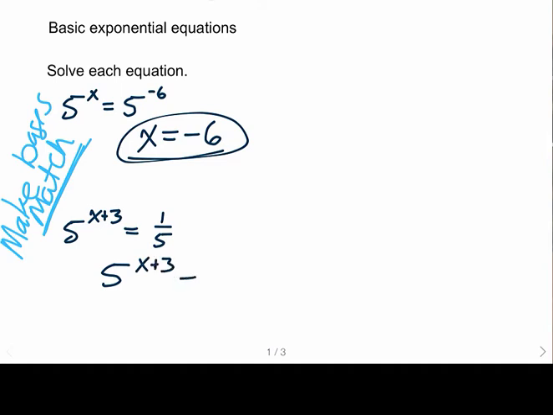The right-hand side, I'm going to write as 5 with an exponent. 1/5 is 5 to the negative 1. Therefore, I have the bases matching, and so it must be the case that the exponents match. In other words, if 5 to the x plus 3 is equal to 5 to the negative 1, then x plus 3 must equal negative 1, and so x must equal negative 4.